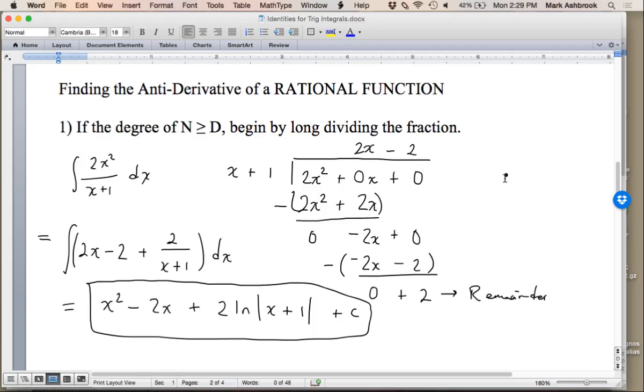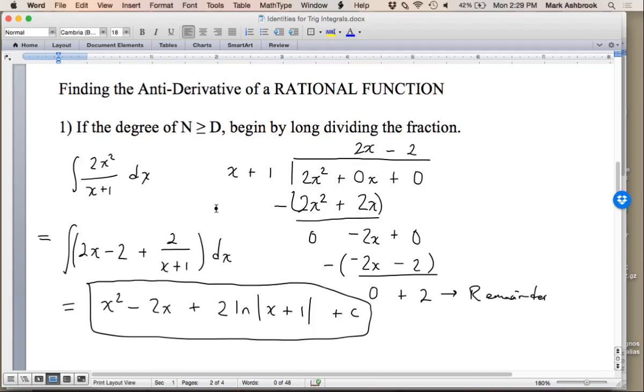This example didn't need partial fractions because it was easy. But if you have a rational function where n is less than d and it's not an easy one, then we're going to use partial fractions. Questions on this example, first of all?